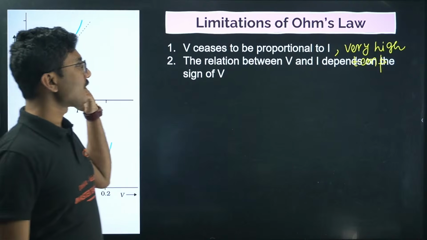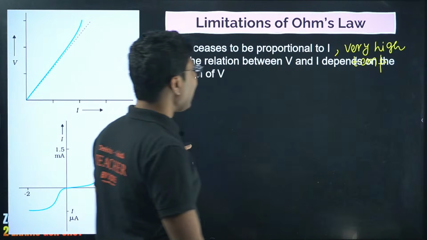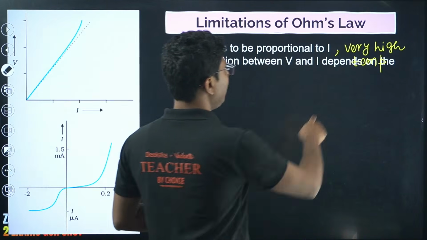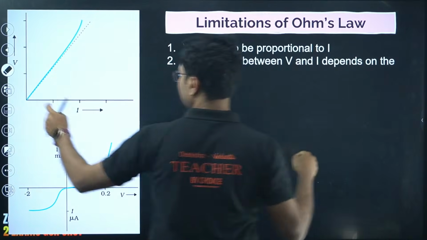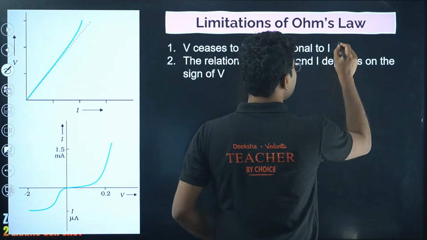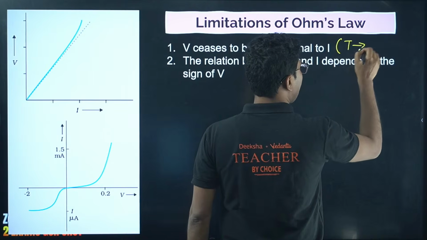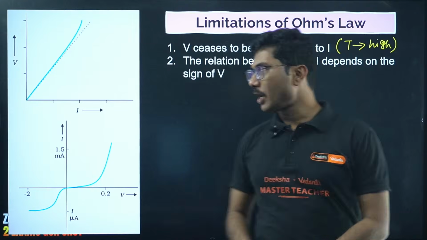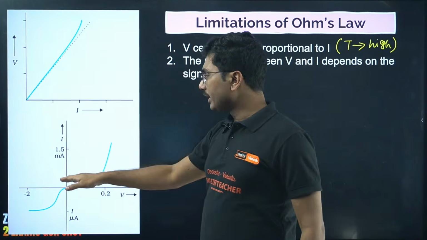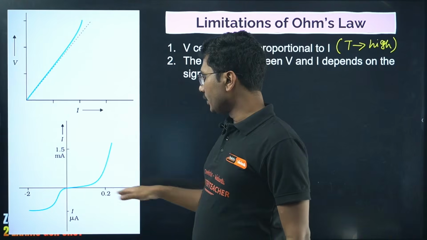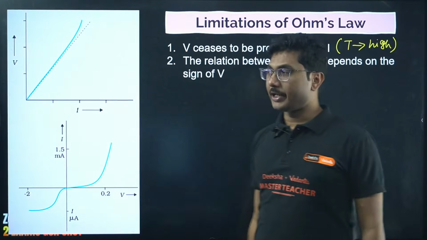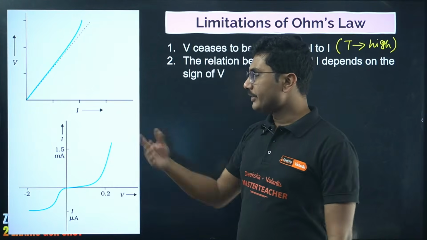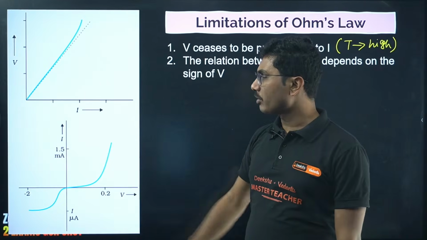Next, the relationship between V and I is dependent on the sign of the voltage. At high temperature, V is no longer proportional to I. Now, if you give a positive or negative voltage, the current behaves differently based on the sign. This is a direct example of a semiconductor where Ohm's law is not valid.